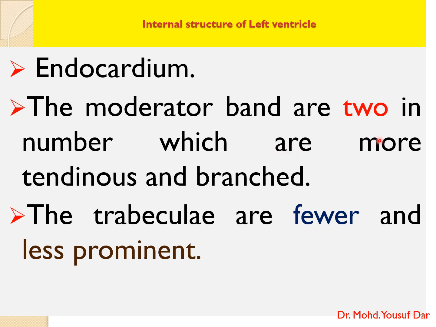Here the moderator bands are 2 in number in the left ventricle. These moderator bands are more tendinous and branched. The muscular ridges are known as trabeculae carneae, which we have seen in the right ventricle as well. Here the trabeculae carneae are few in number and less prominent.